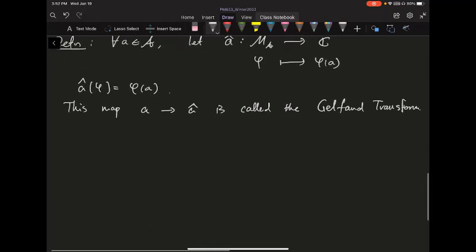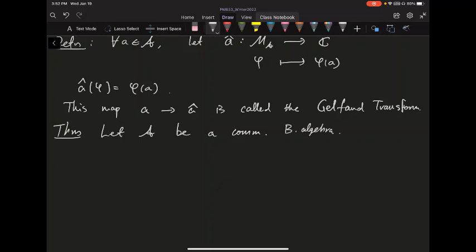And the reason is the following. Let me just state this big theorem due to Gelfand. Let A be a commutative Banach algebra, say a B-algebra. And you have this Gelfand transform, let's call it phi, which maps a to a hat.